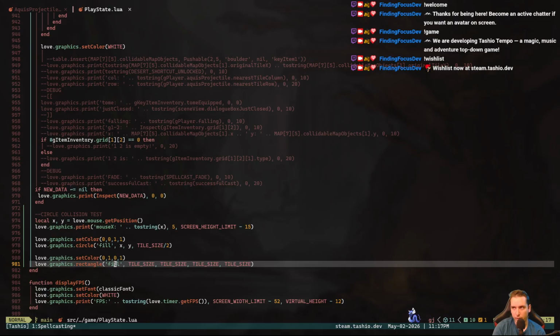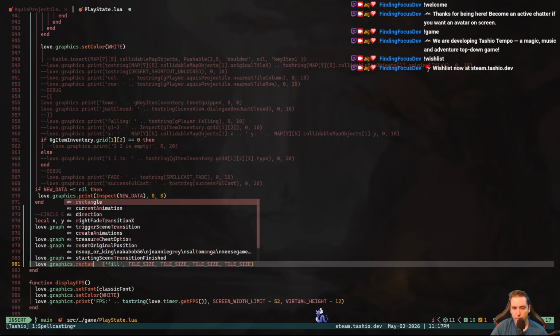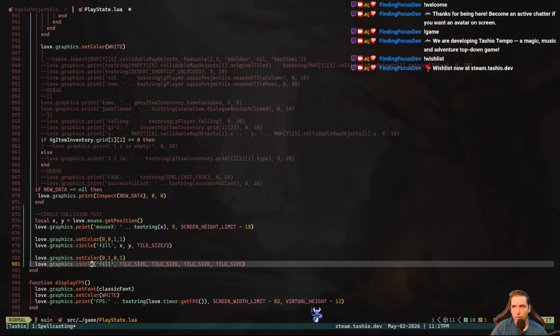Let's see if we can get it working with a circle to circle collision first, and then we can decide if that's okay. And I think circle's better too, because it's more of the correct shape. When we're looking at a gecko, it doesn't take up 16 by 16 pixels. There's some space in between.